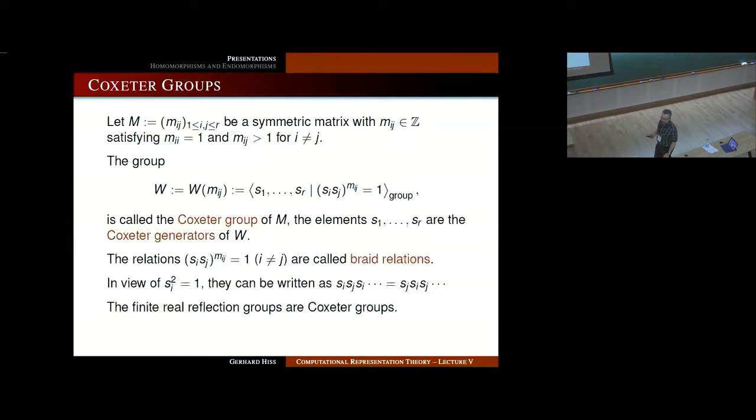greater than 2. 2 is a misprint. This one should be a 2, and this one should be a 2. Yes, just the first one. So I want Mii to be 2 and Mij to be greater than or equal to 2, of course.